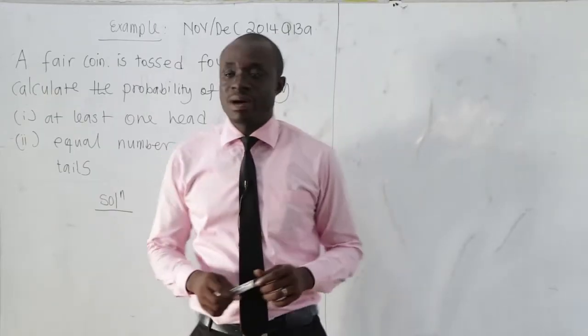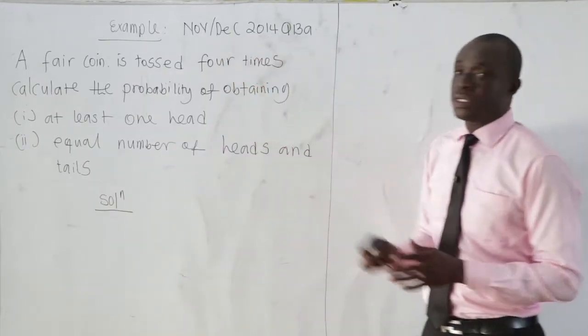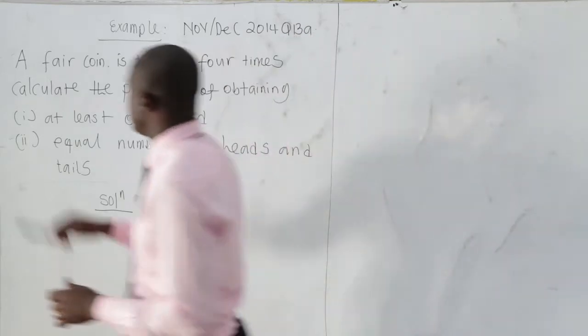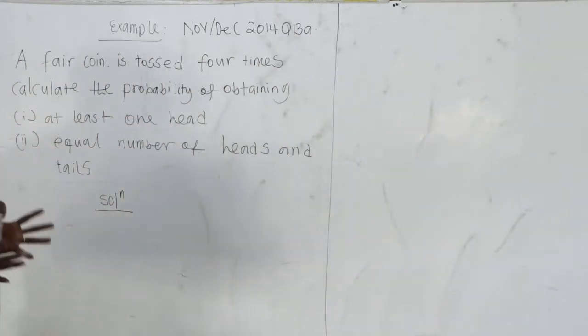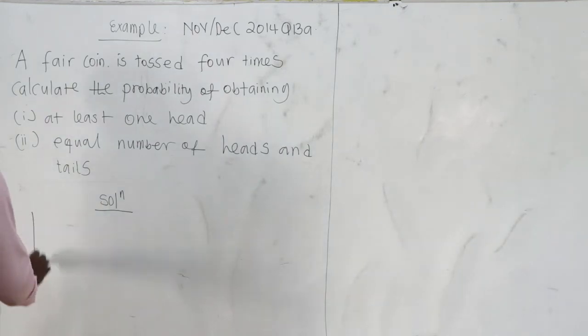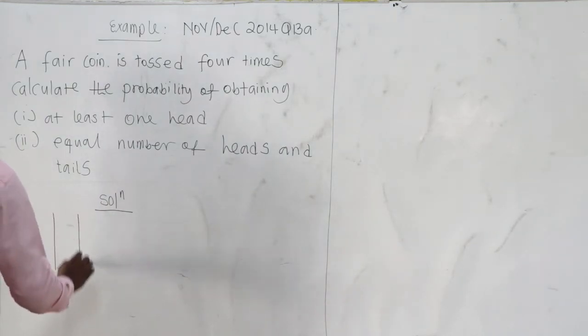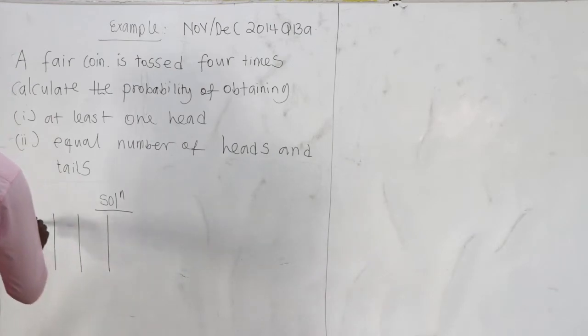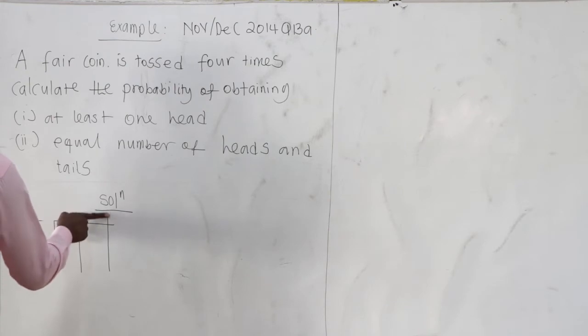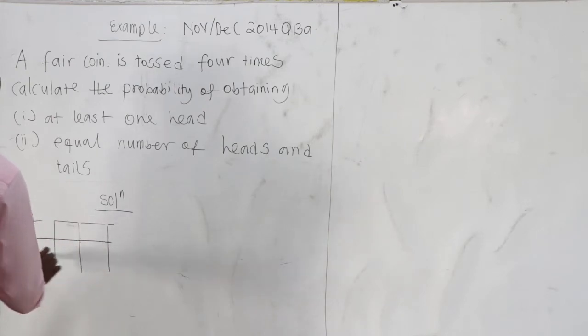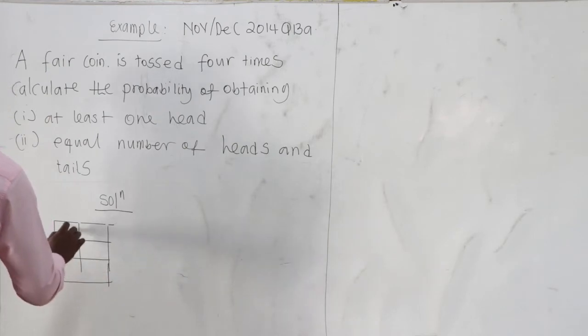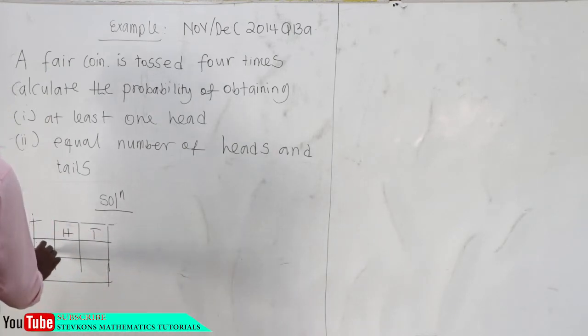Now let's consider this past question. This is NOVDEC 2014, question number 13A. It says that a fair coin is tossed 4 times. So let's consider 2 at a time. So we have head, tail, head, tail.